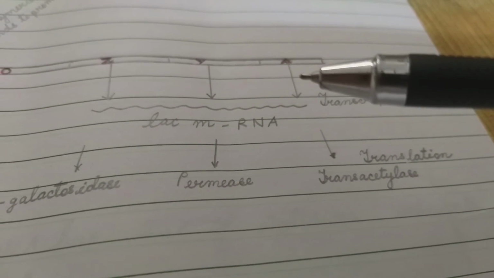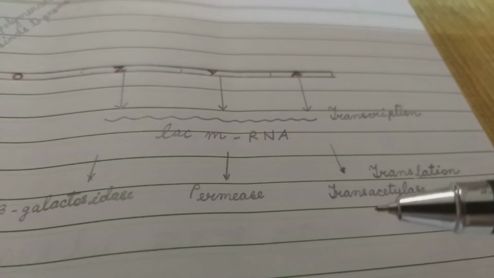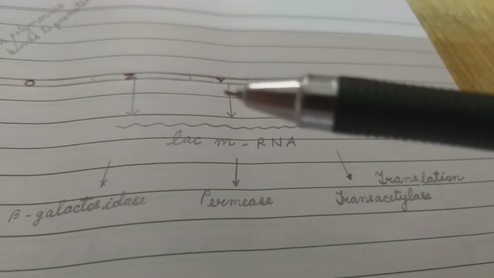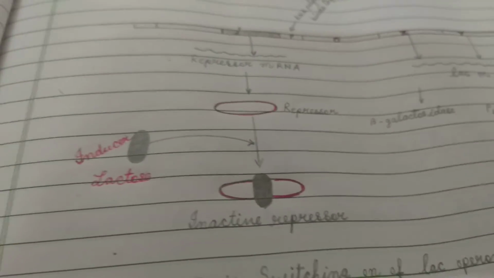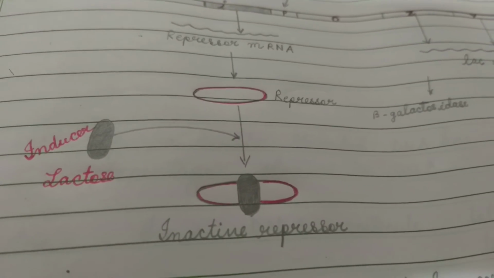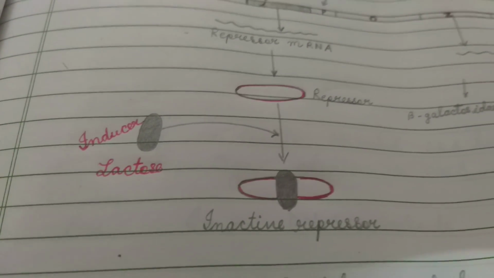So transcription occurs followed by translation. That means ZYA, the structural genes, are expressed. That means lac operon is switched on, producing the enzymes which are required by the bacterial cells because lactose is present. The bacteria require the three enzymes for metabolism of lactose. So in presence of lactose, lac operon is switched on in this manner.